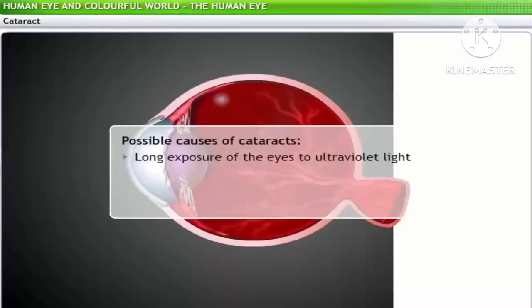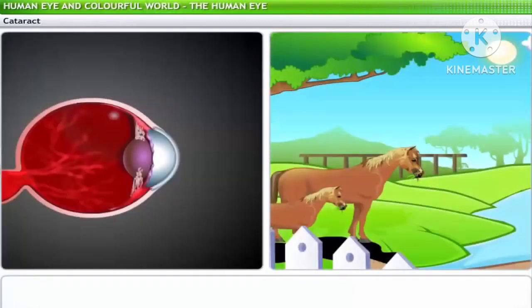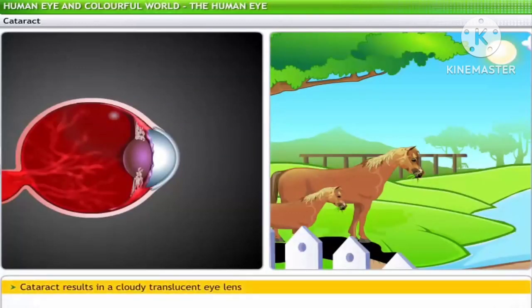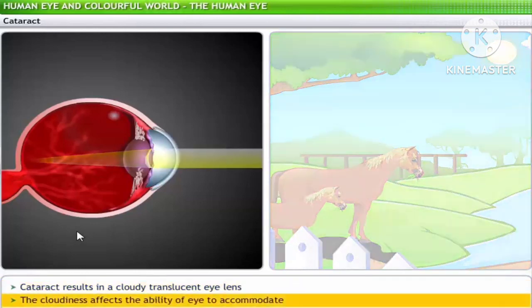Long exposure of the eyes to ultraviolet light, effects of diabetes, hypertension, and old age can result in a condition called cataract. People suffering from cataract display a cloudy, translucent eye lens. Cataract affects the ability of the eye to accommodate the change of distances.